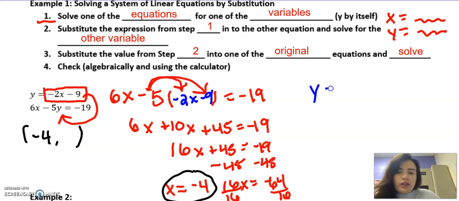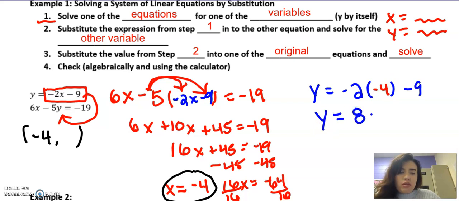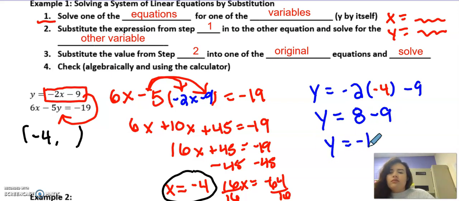Y, which is what we need, equals negative 2 times our value minus 9. I'm plugging in negative 4. Y equals 8 minus 9. So y equals negative 1. So our solution is negative 4, negative 1.